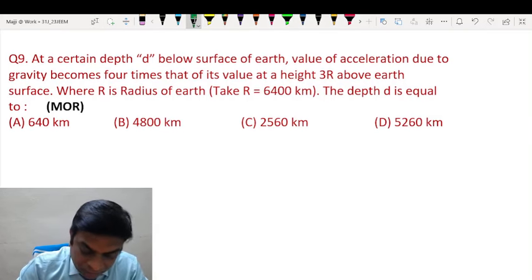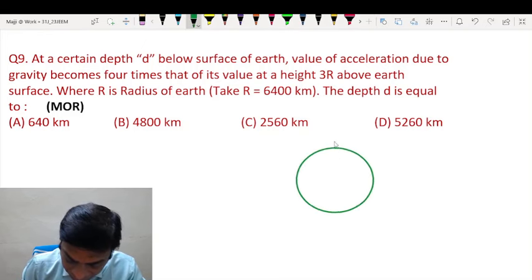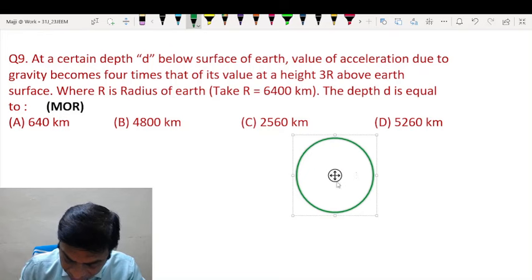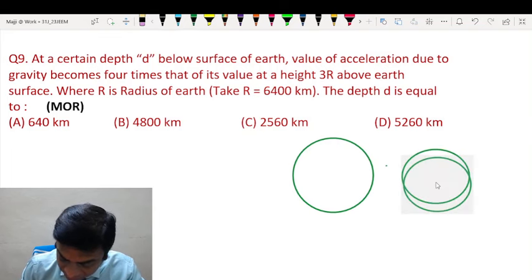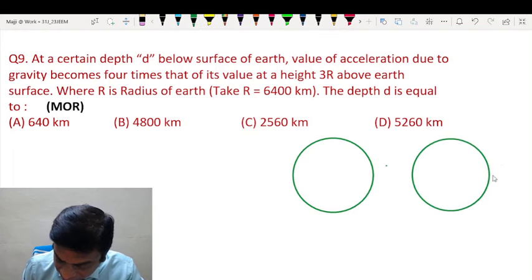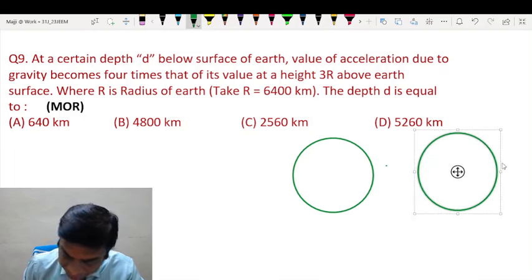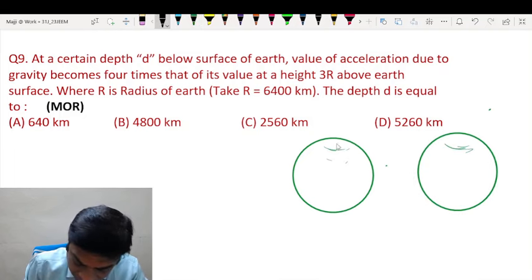So let us explore those formulas and then we'll try to find out the answer. Here I am drawing two Earths for two different situations. As per the question, there is a point at a depth d.